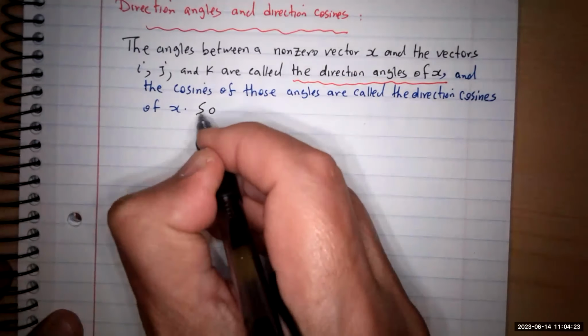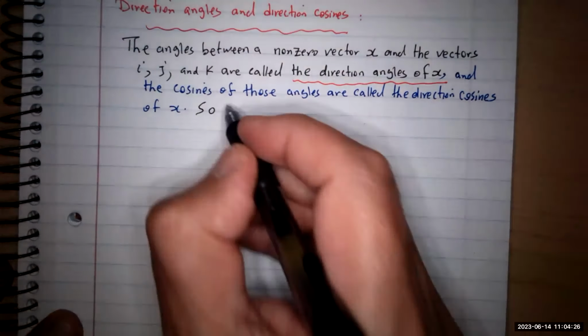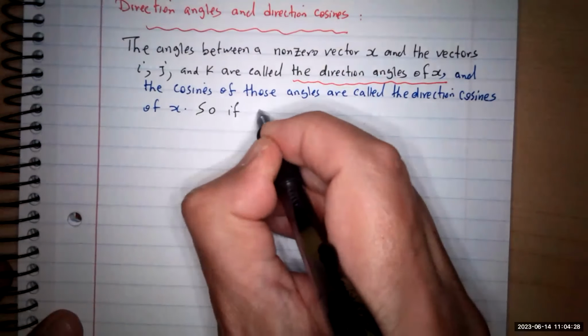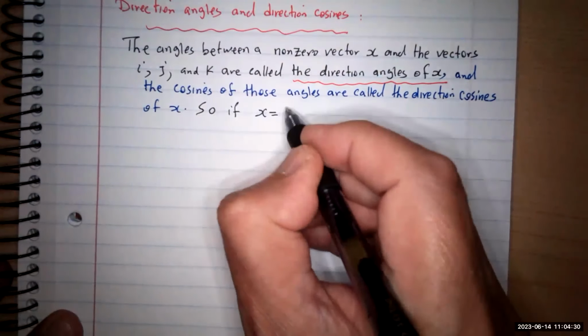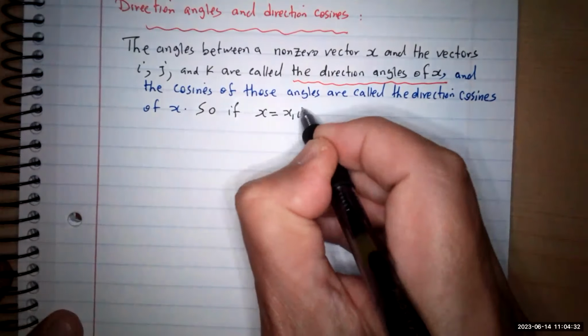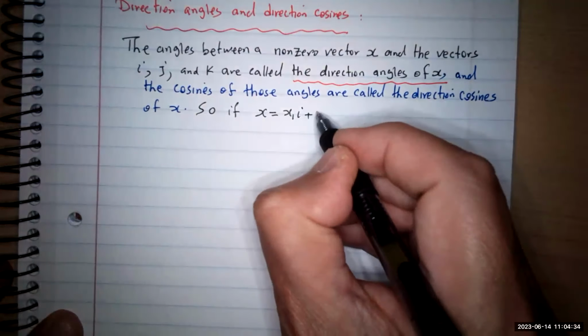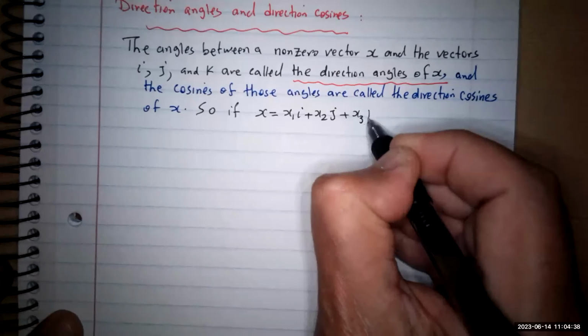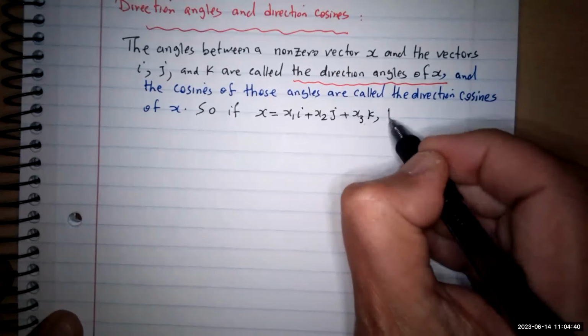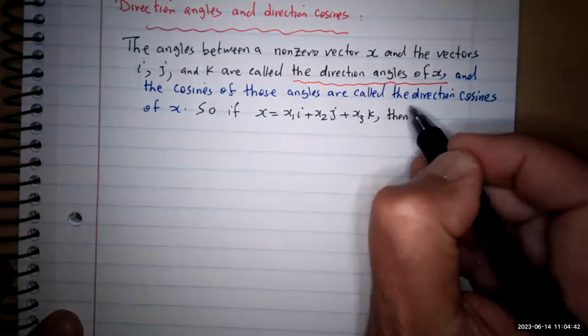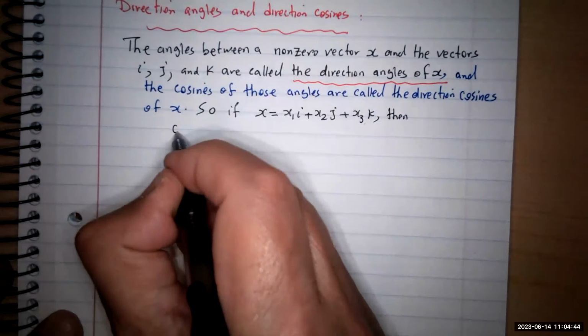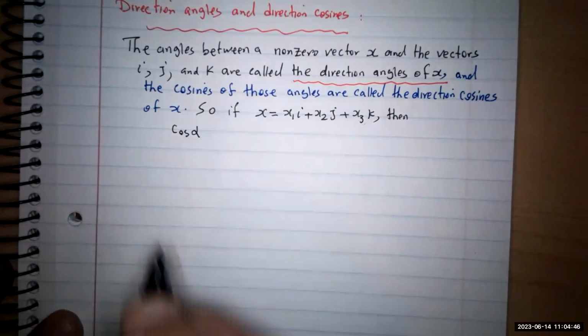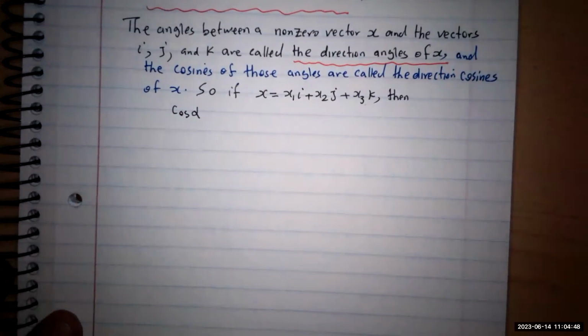So if x is equal to x1 i plus x2 j plus x3 k, then you are going to find the expression for cosine of alpha. This is the direction angle between the vector x and i.